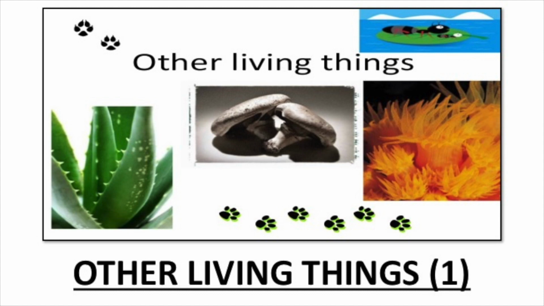Now, did you know mushroom is an example of other living things? Yes. Are mushrooms humans? No. Are mushrooms plants? No. Are mushrooms animals? No. So that's why we have to group them in with other living things.